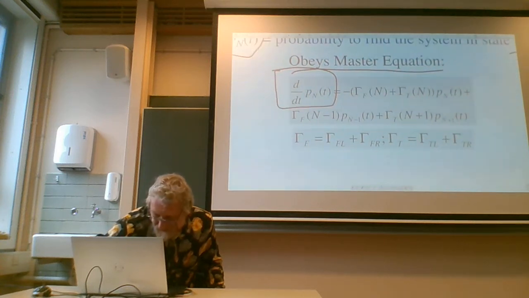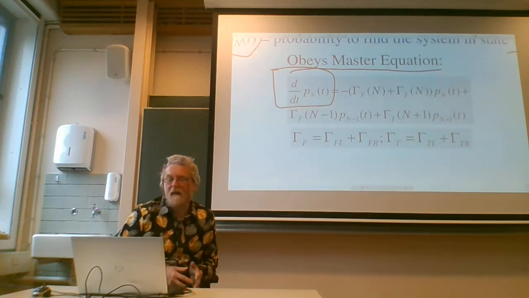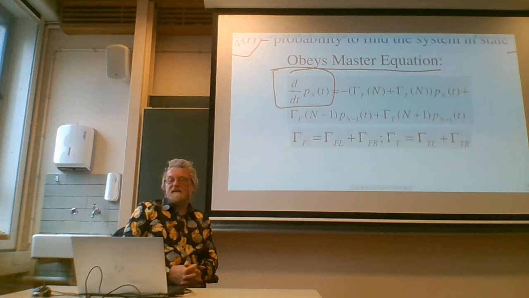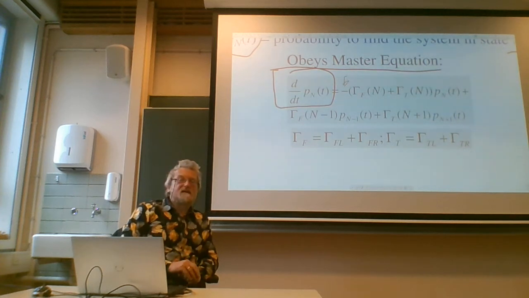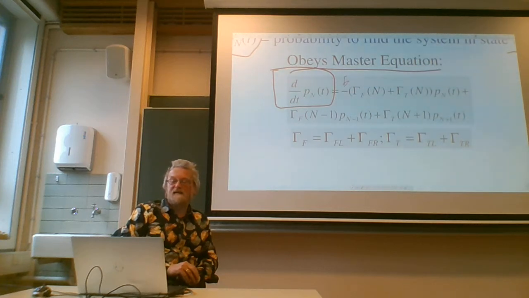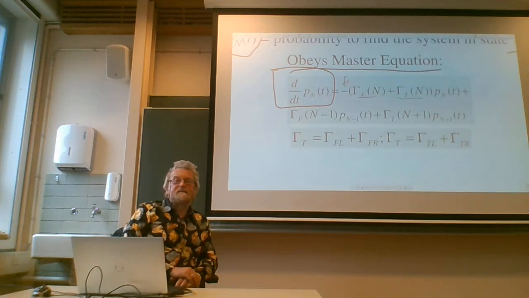Let us consider the change of probability to be in a certain state. This probability will be reduced if there is a possibility to go to all other states, to go from or to the island at a given n.